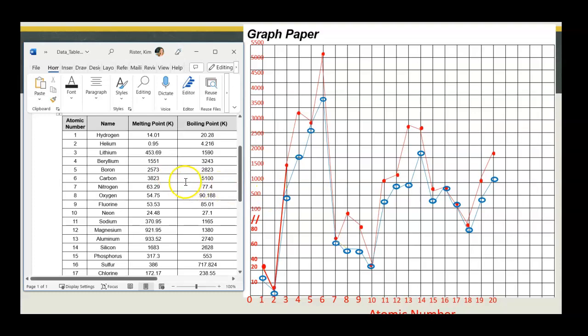And then beryllium, element 4, is 1551. So element 4, you can see that's kind of right in the middle of 1500 and 2000. And so you just continue on graphing down the column until you get all 20 of those elements graphed. And then you'll connect those lines as well with a blue line. So pretty easy so far.